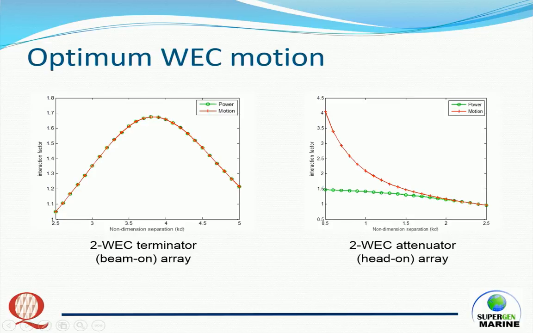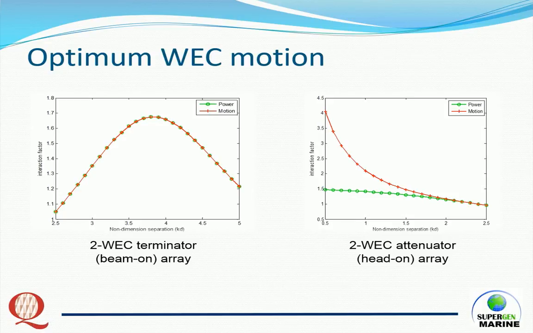Whereas in the attenuator configuration, you are getting an increase in interaction factor as you move the two heaving buoys together, but the amount of motion they require in order to achieve that increases.